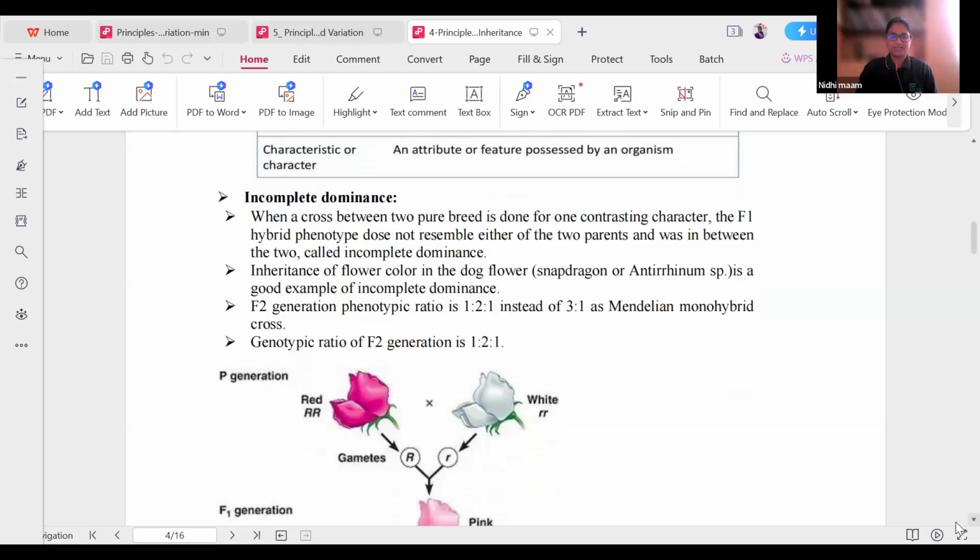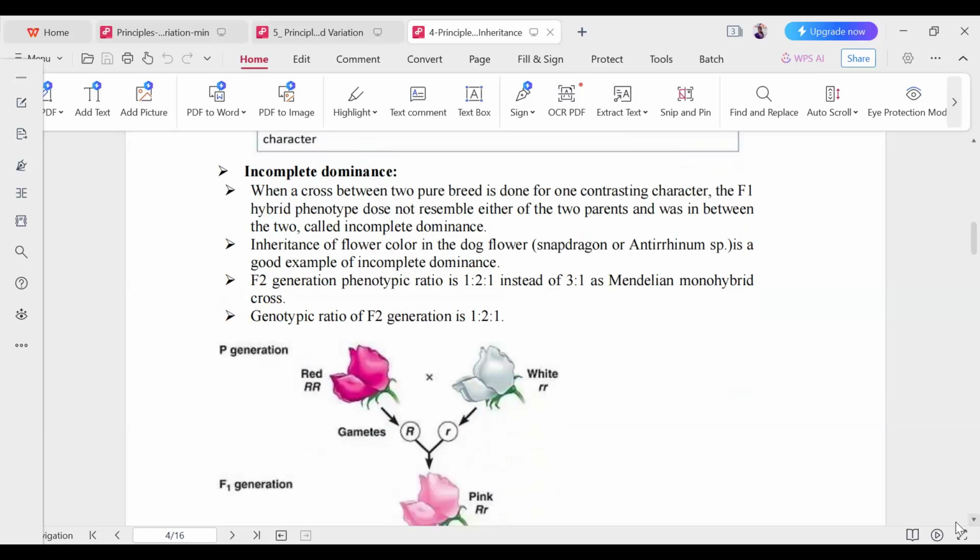Incomplete dominance. Shri Suresh, you just read the first 4 points. I will explain you now. Incomplete dominance: when a cross between two pure breeds is done for one contrasting character, the F1 hybrid phenotype does not resemble either of the two parents and is in between the two, called incomplete dominance.